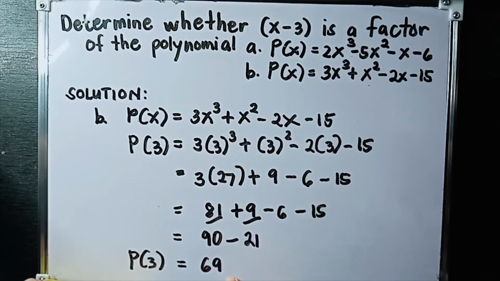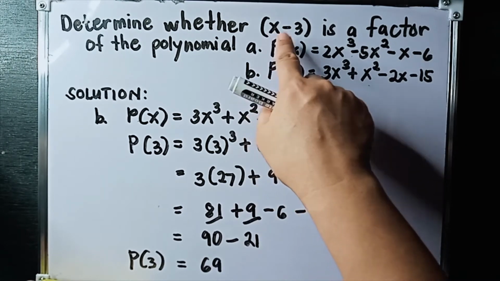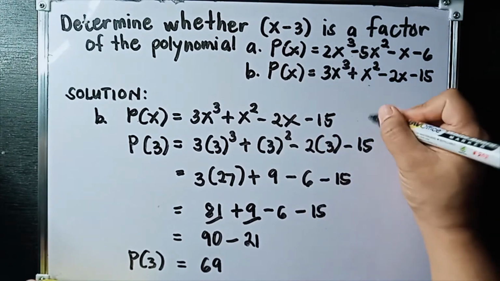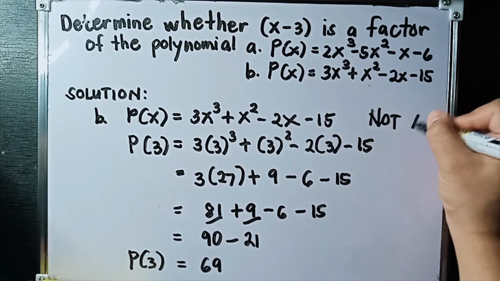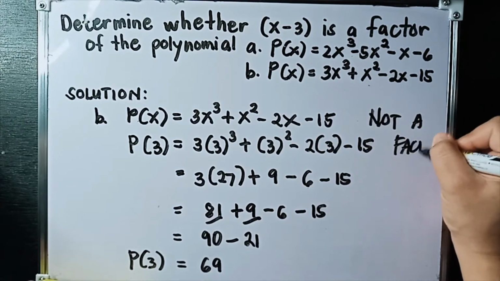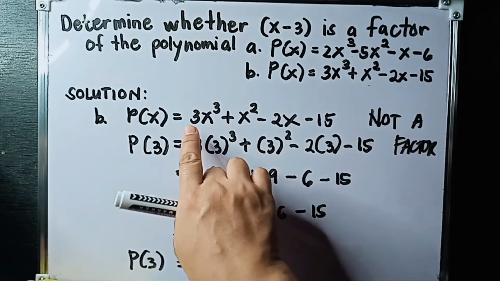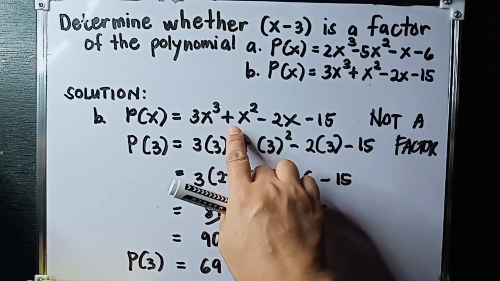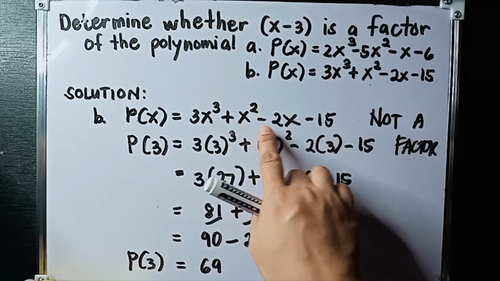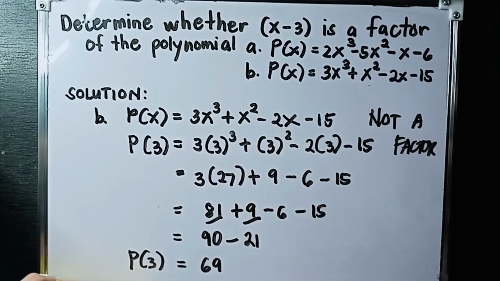Since we have a remainder, which is 69, therefore, we can say that x minus 3 is not a factor of the polynomial 3x cubed plus x squared minus 2x minus 15.